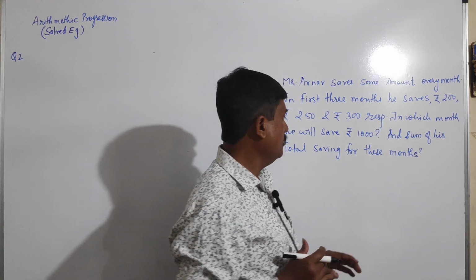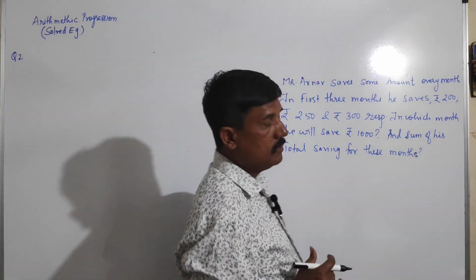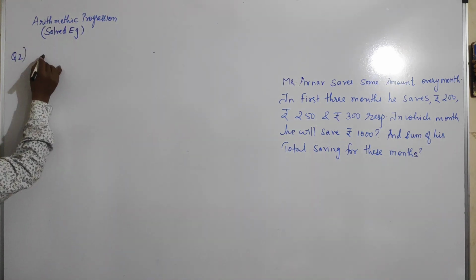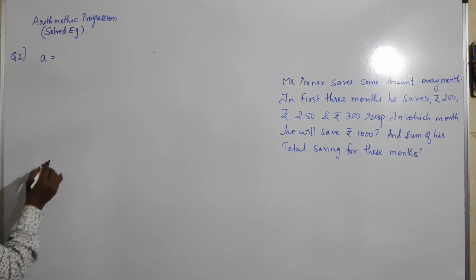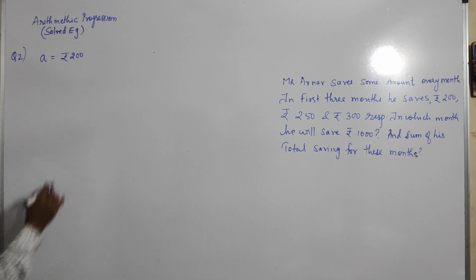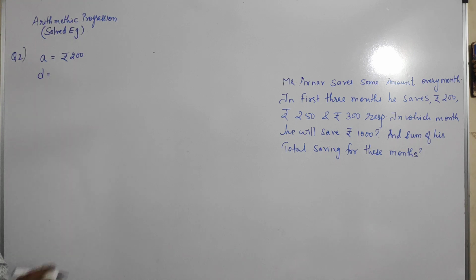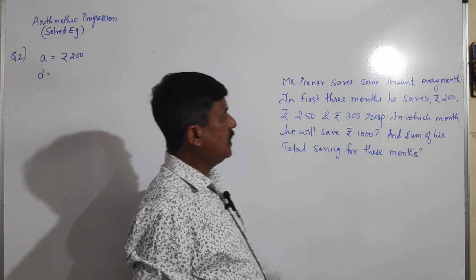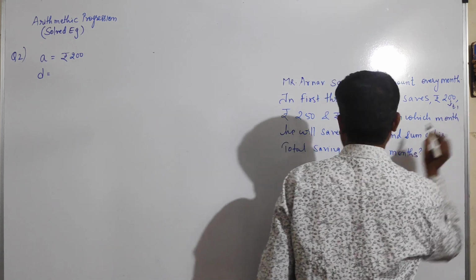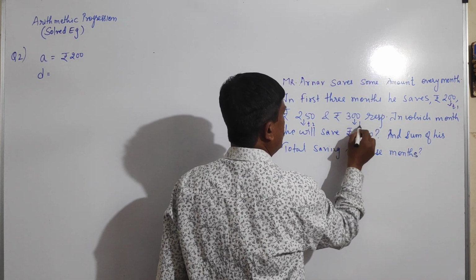Okay. So first, what is the value of A? A is rupees 200. Right. What is the value of D? Here this is your T1, this is your T2, this is your T3.